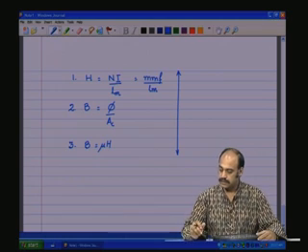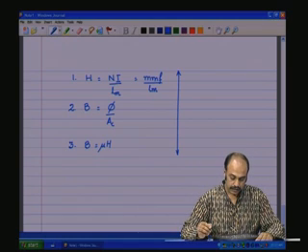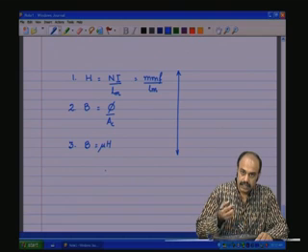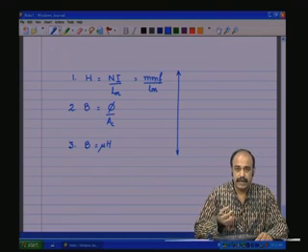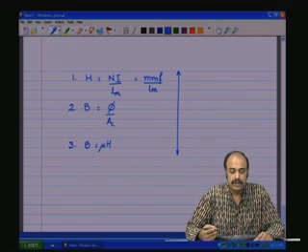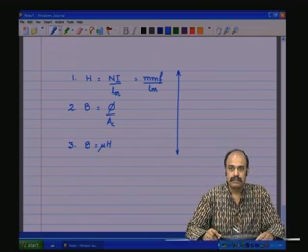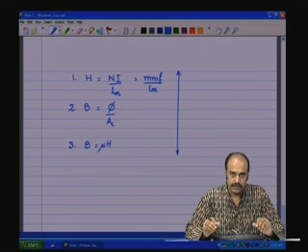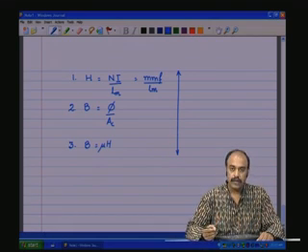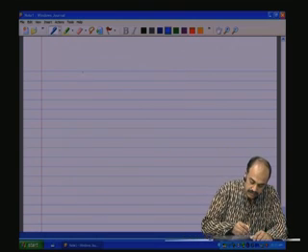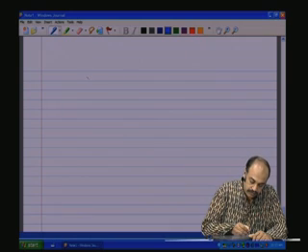Now, let us have a look at what happens inside the core of a practical transformer. In a practical transformer, there is going to be some loss. What are the losses in the practical transformer? There are two types of losses in the core of the transformer.